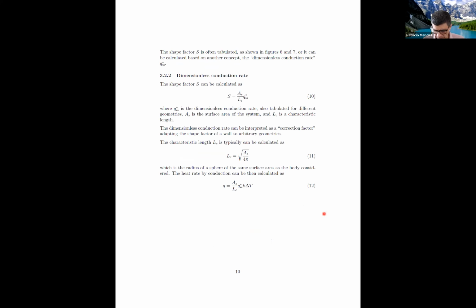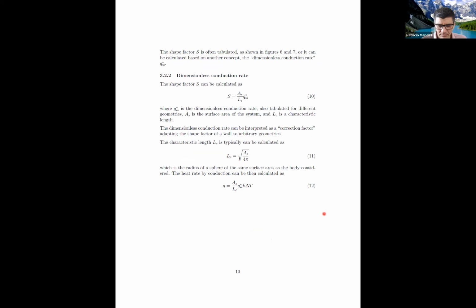Okay, so that is the shape factor. In these 2 minutes we have, I'm going to introduce another way of tabulating the work of these PhD students. A weird, complex geometry, we're going to tabulate it in a way that for us becomes just plug and chug. It's called the dimensionless conduction rate.